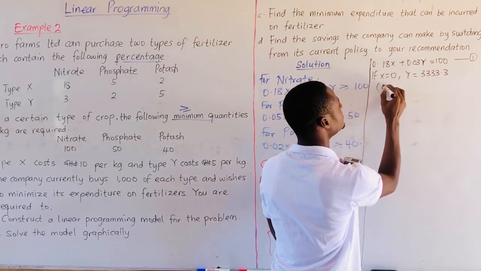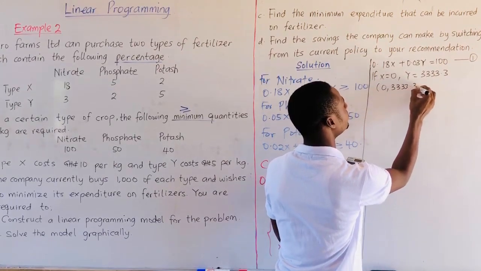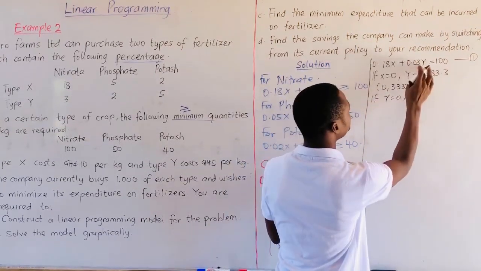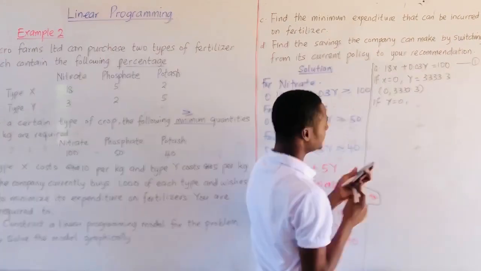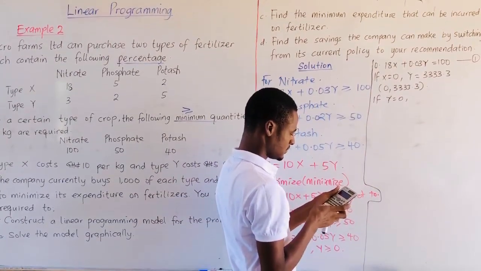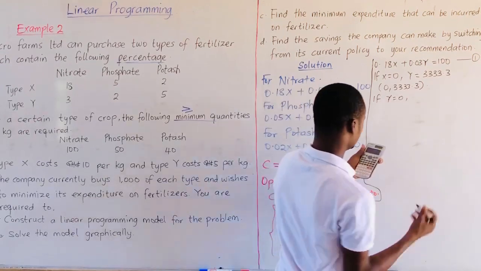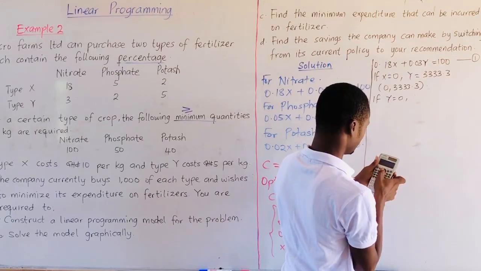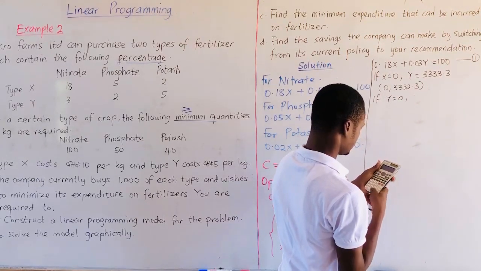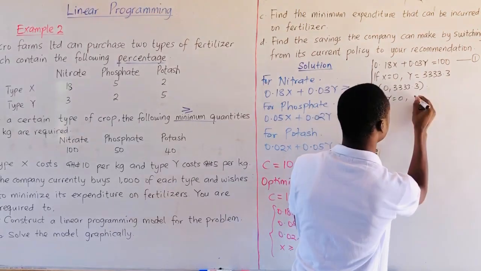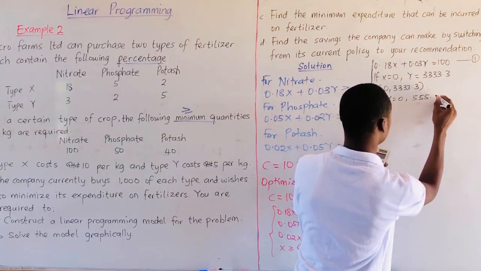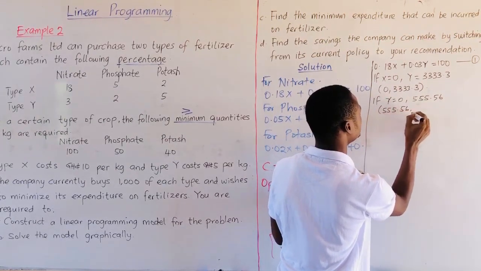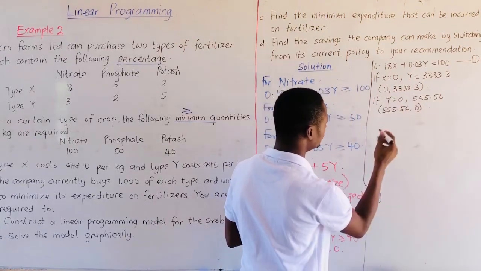So our point here is 0, 3333.3. And then if y is equal to 0, we will have x equal to 100 divided by 0.18. That gives us 555.56. So our point here is 555.56, 0. That is for equation 1.